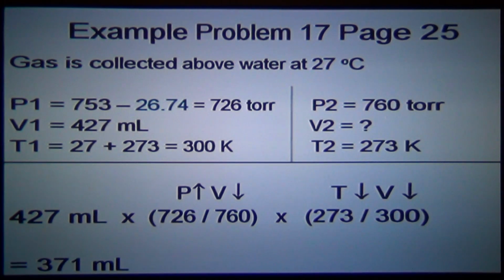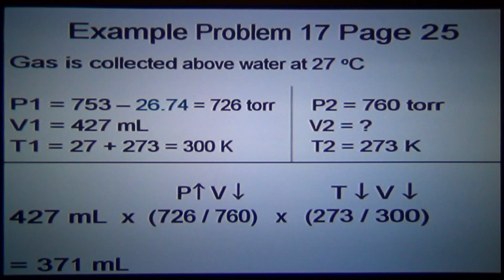As you can see with the arrows, the pressure from P1 to P2 is going up, but according to Boyle's law, that volume better go down. So I'm going to have to multiply that 427 by a pressure fraction that would make that volume go down. And of course that would be the 726 over the 760.